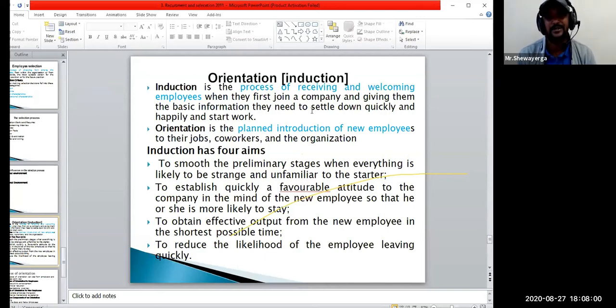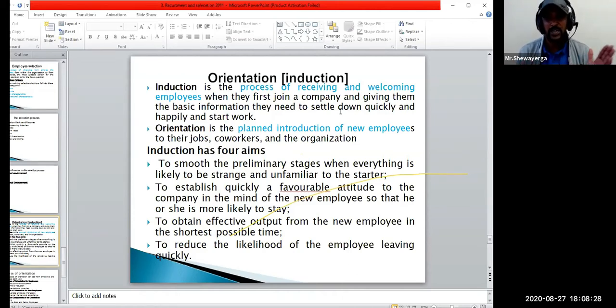Induct means simply to inject something, the same as when an individual comes first. So simply receiving and welcoming, maybe preparing a get-together or welcome ceremony or others, is known as induction.